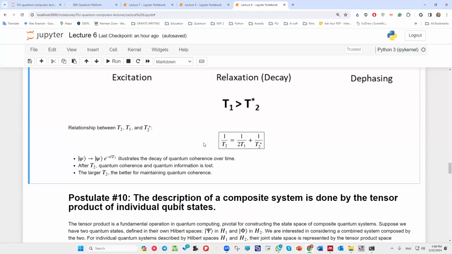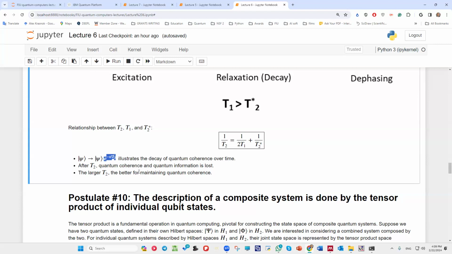So as a result of dephasing, the quantum state of the system under consideration is given by this exponentially decaying factor. Okay, so the way we introduce the dephasing in the system, we multiply the state vector by the corresponding exponential factor that takes into account the dephasing.